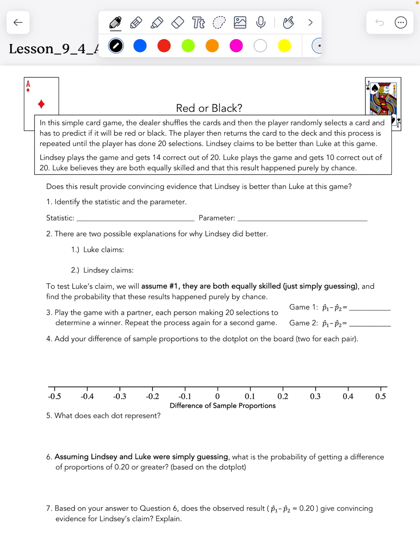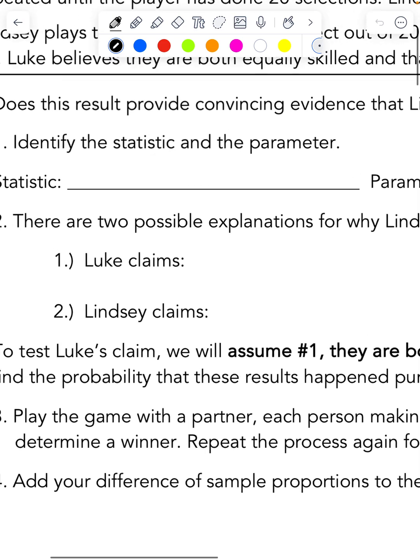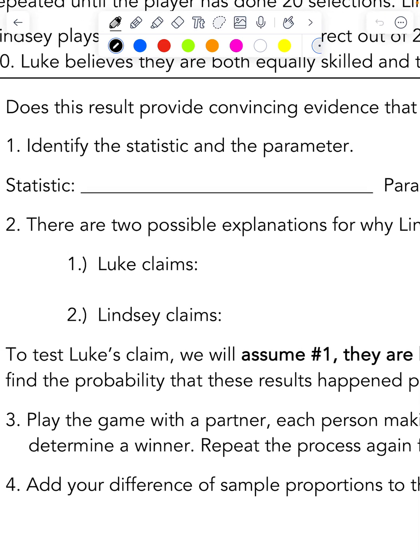It says identify the statistic and the parameter. So, in here, the statistic, we're going to look at two different groups. So, we're looking at Lindsay's wins versus Luke's wins. So, I'm going to do P, the statistic is going to be P hat 1.